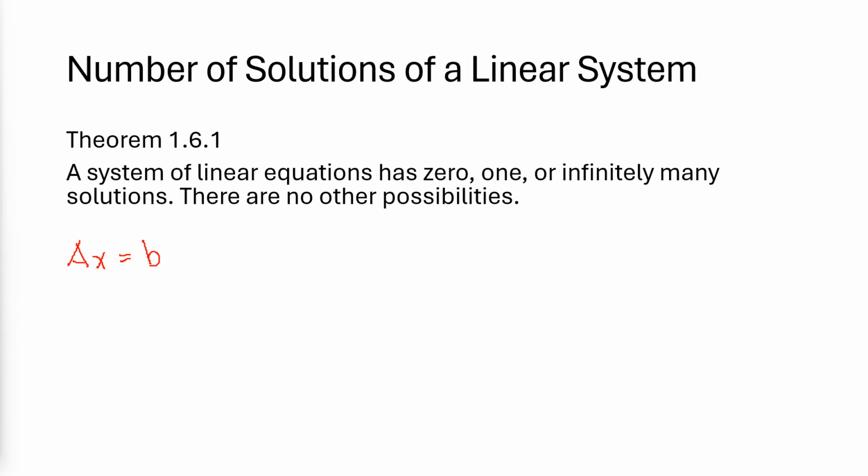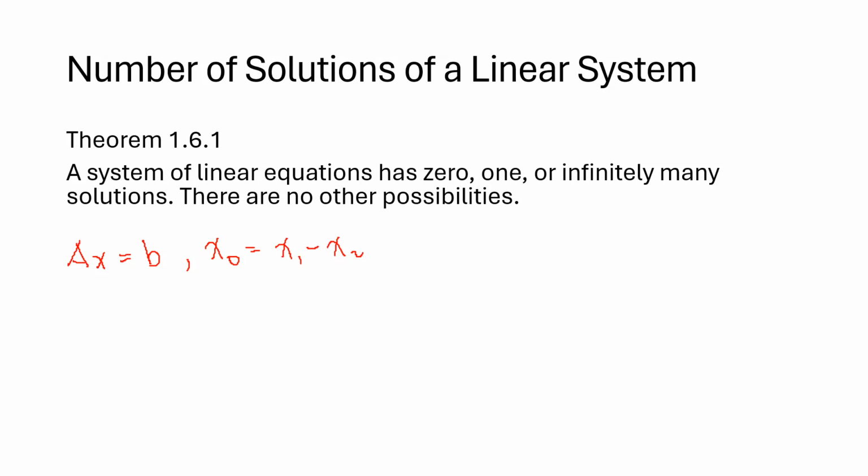So let's assume that Ax equals b has more than one solution, and let x sub 0 be equal to x sub 1 minus x sub 2, where x sub 1 and x sub 2 are two distinct solutions.